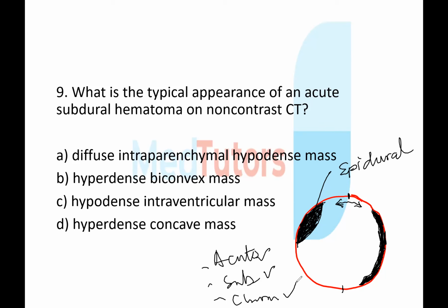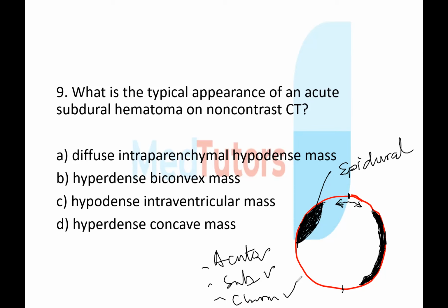Now, this question is asking about subdural hematoma, okay? So it says, A, diffuse intraparenchymal hypodense lesion, false. Hyperdense biconvex mass, this is for epidural.